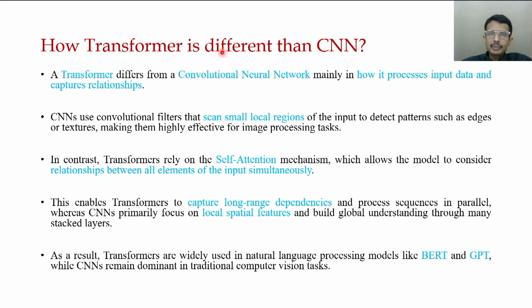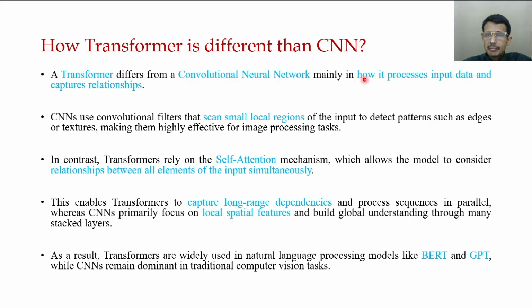Now, how is the transformer different from the convolutional neural network? This is a question we always try to understand: why the transformer is somewhat replacing CNN, mainly for sequential tasks and sometimes for vision tasks also.